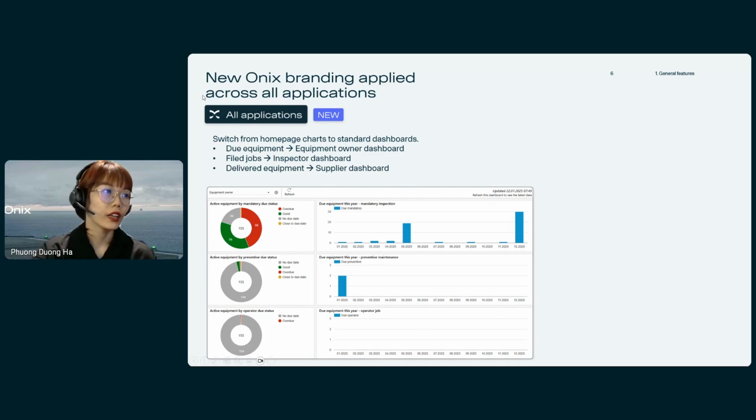So you can see, for example, in the two equipment this year mandatory inspection here, if I click on this column of the due equipment on May 2025, I will be redirected to the list of relevant equipment.